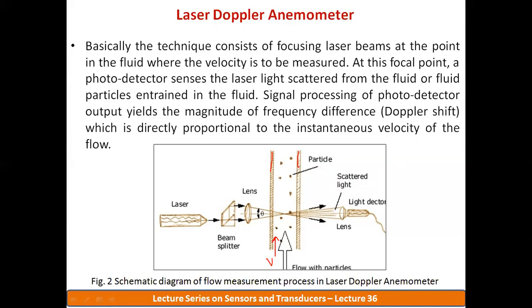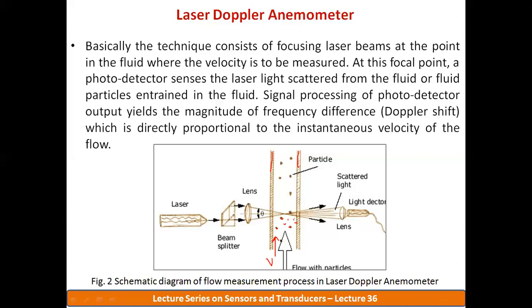So the liquid is flowing in this pipe. These are the particles present in the liquid, and they are moving with velocity v.